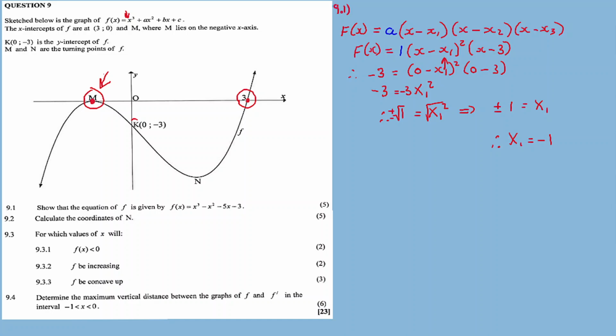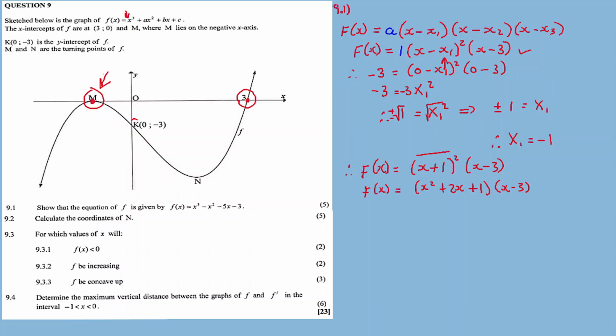Now remember ngifuna ukusolve or to show that f of x is equal to this equation. Now I'm going back to this equation, angisho new substitutor x1 so that I can expand and show that the equation is this, right? And then you solve for this squared bracket.